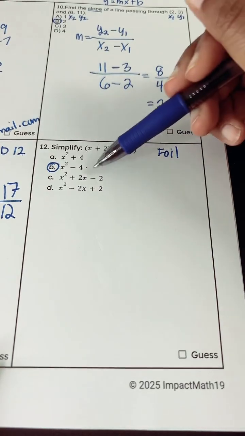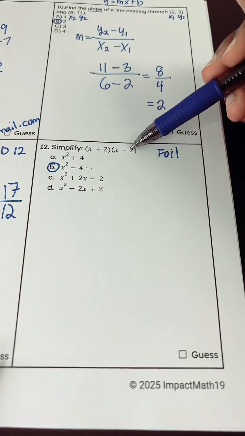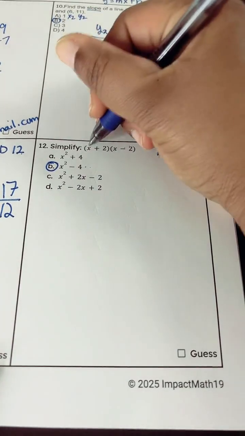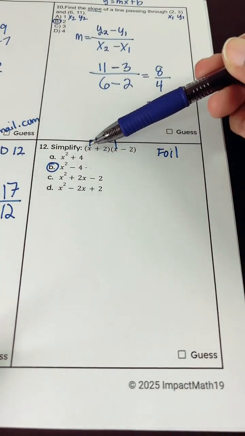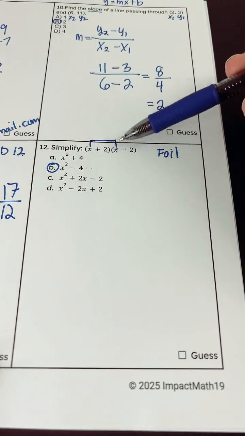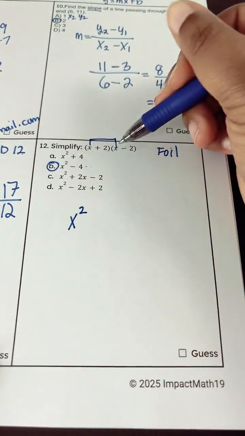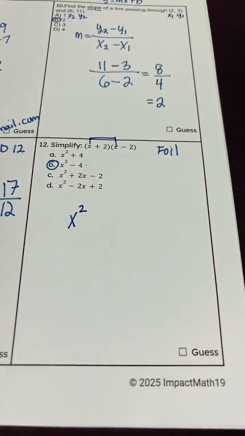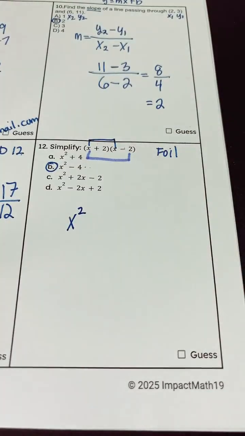You could do this in a second, you guys, if you recognize this as a difference of squares. If not, you're just going to take a little bit of your time now on your test, but you'll get it. X times x squared when we multiply. Okay, let's do colors. X times a -2.